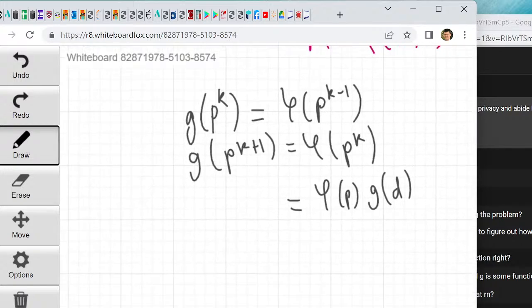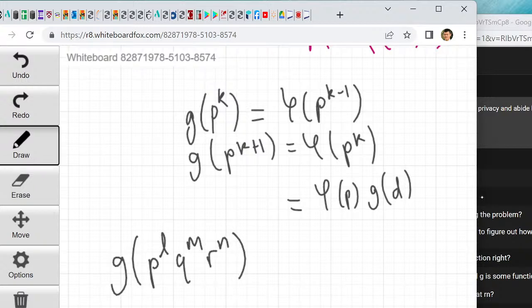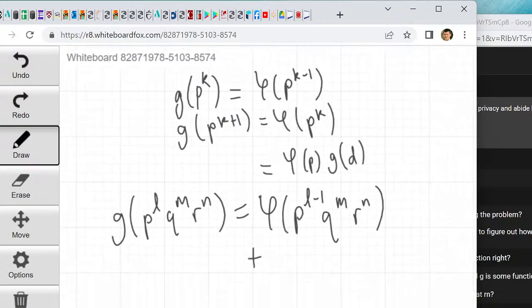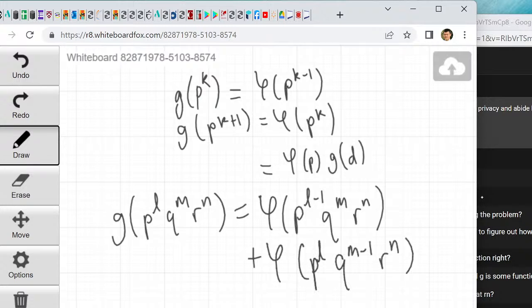Is it the same formula? So if you have g of p to the l, q to the m, r to the n, it was phi of p to the l minus 1 and p to the l q to the m r to the n minus 1.